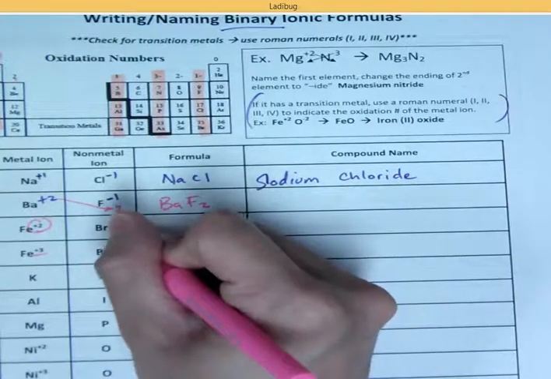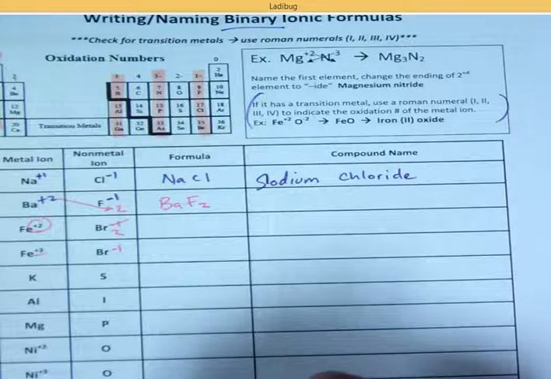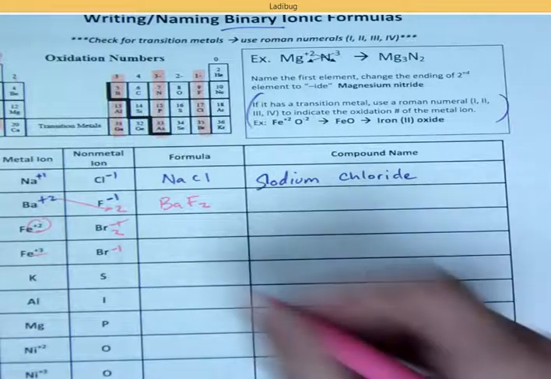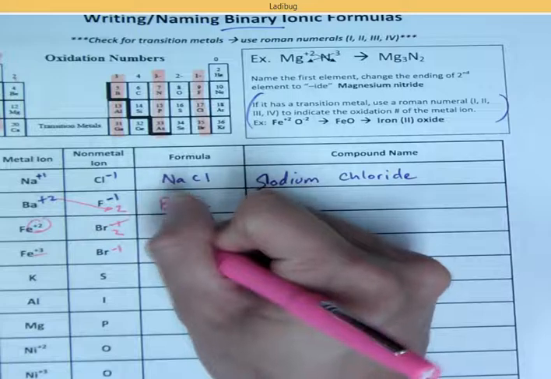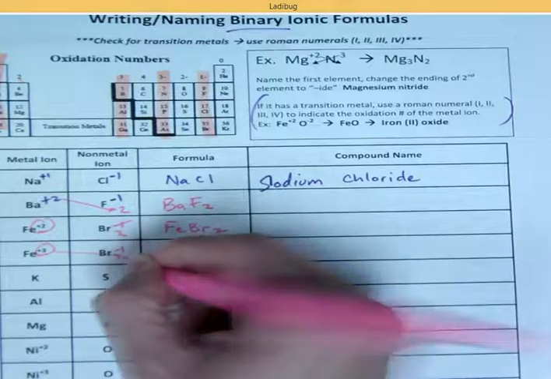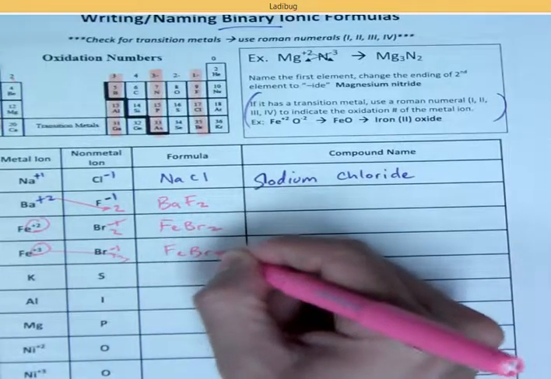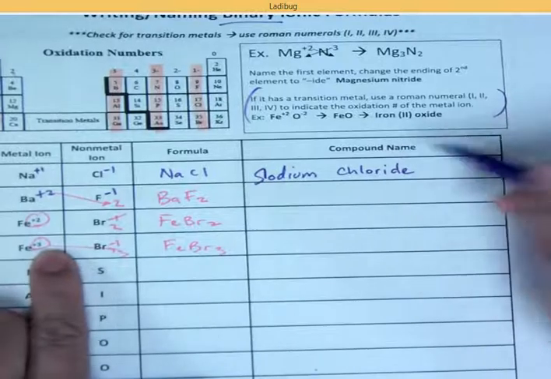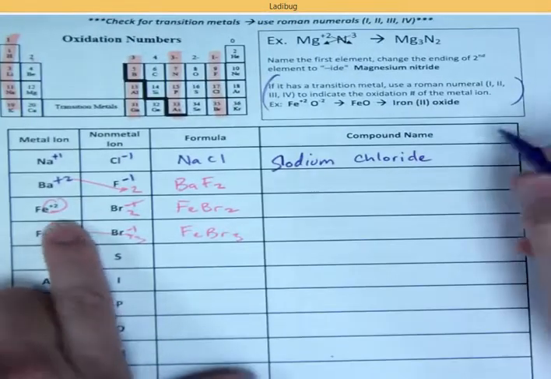Since it's a 1, we don't need to worry about crossing it, because a subscript of 1, we don't need to put those. So it's FeBr2. Okay. Then you cross this 3 over, FeBr3.